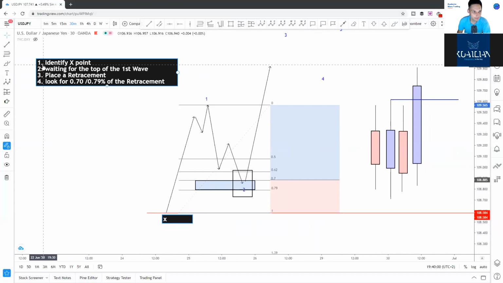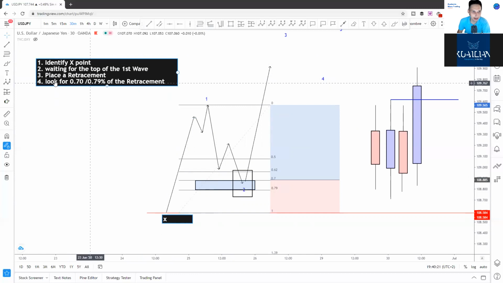Then, first step, identify the X point. Okay, good, great. Second point, wait for the top of the first wave. Okay, we have the top here. Third, place a retracement from X to 1, from left to right, always, okay?